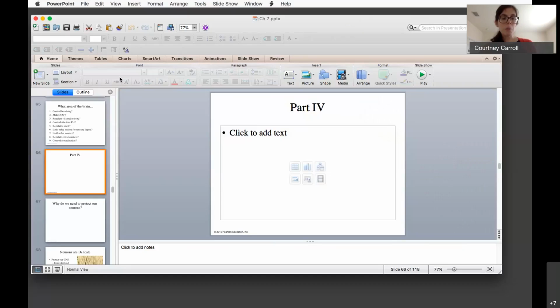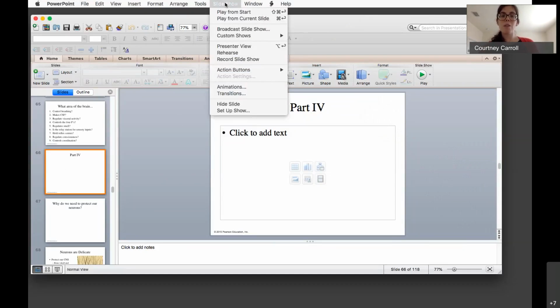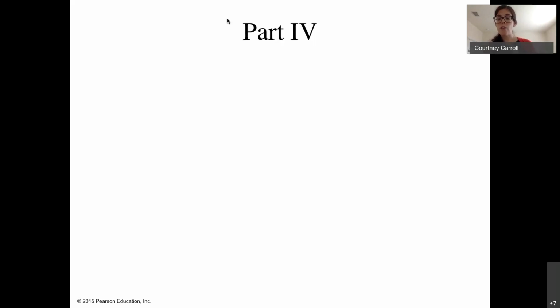Okay, so we're going to pick up with the nervous system. We had left off, we talked about the parts of the brain last time. As a reminder, for parts of the brain, for the 4 lobes, you need to know where those 4 lobes are.